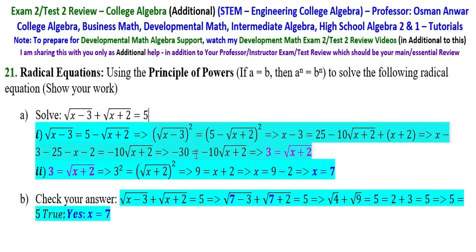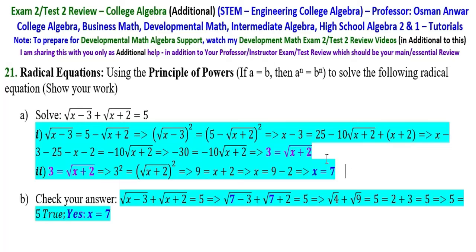Divide both sides by minus 10, then this is 3 equals square root of x plus 2. Now do it again, so 3 equals square root of x plus 2, square both sides, 3 squared equals square root of x plus 2 all squared. So this is 9 equals x plus 2. That means x equals 9 minus 2, x equals 7 is the answer.